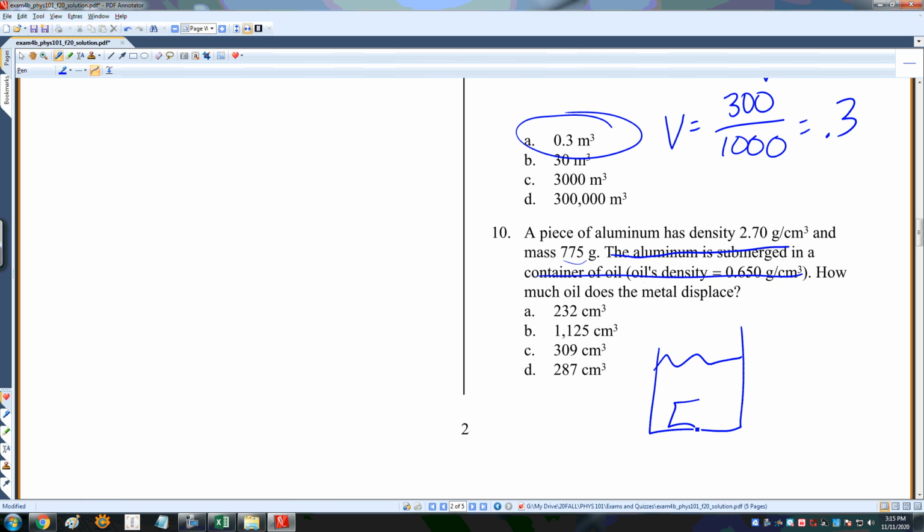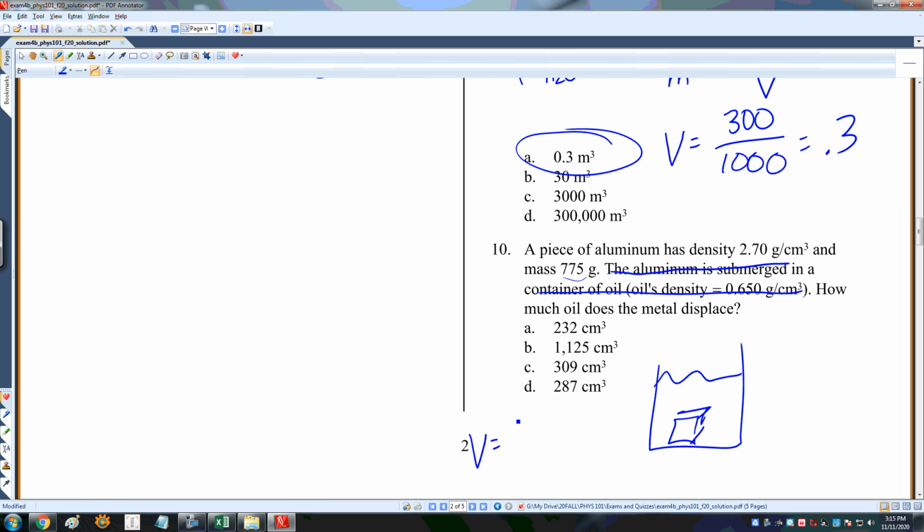The fact is that if this block of aluminum is in a container, it's going to displace its own volume. So really this is the same as what we were doing before, where the volume is the mass over the density. And so that's going to be the mass, which is 775 over 2.7.